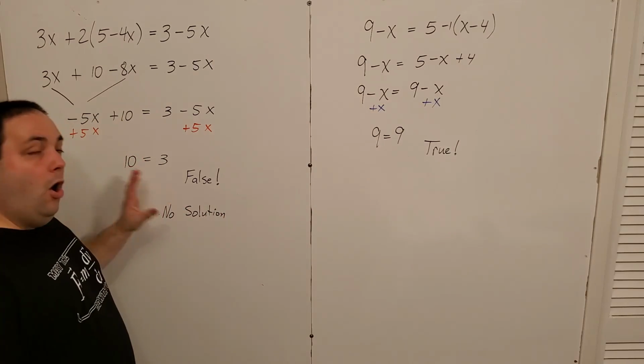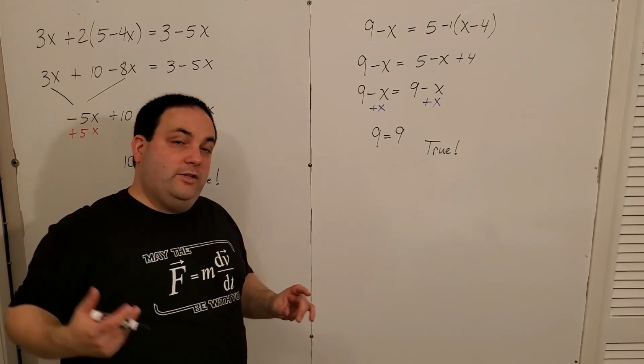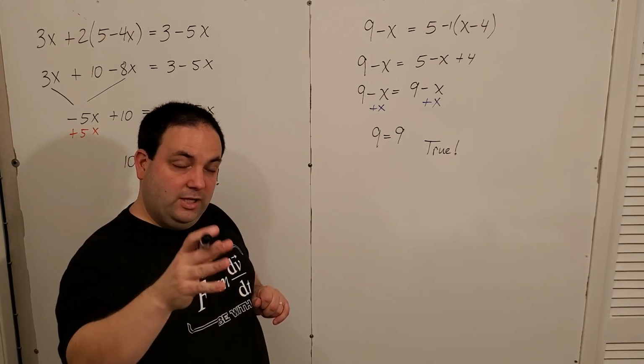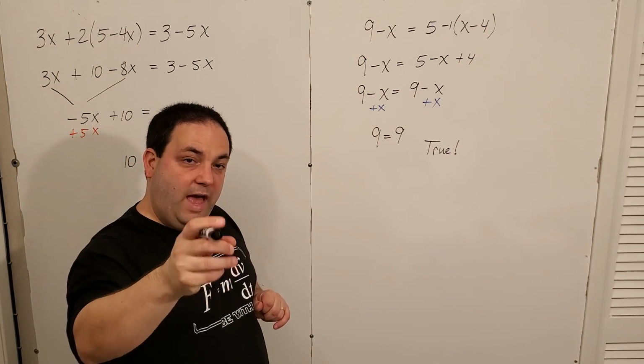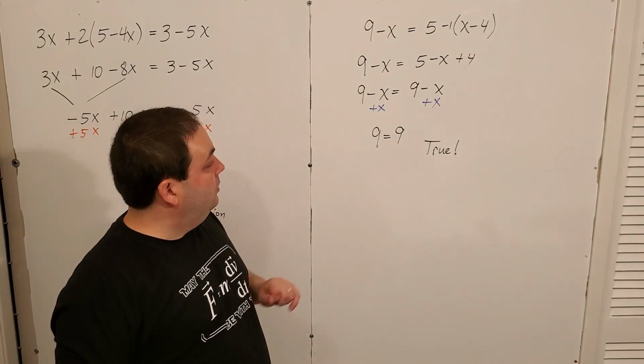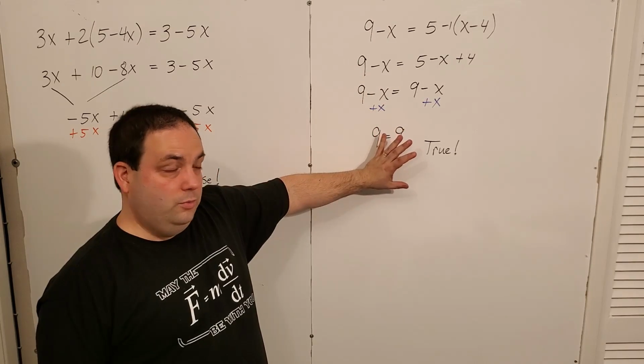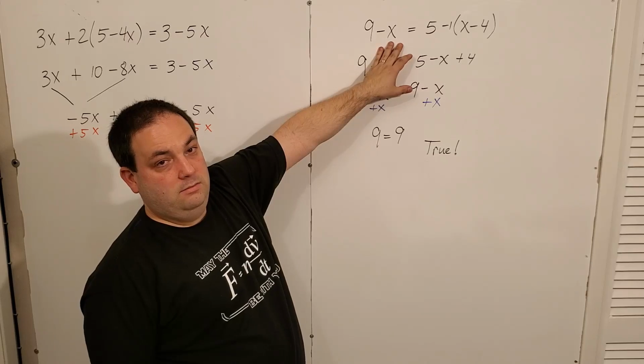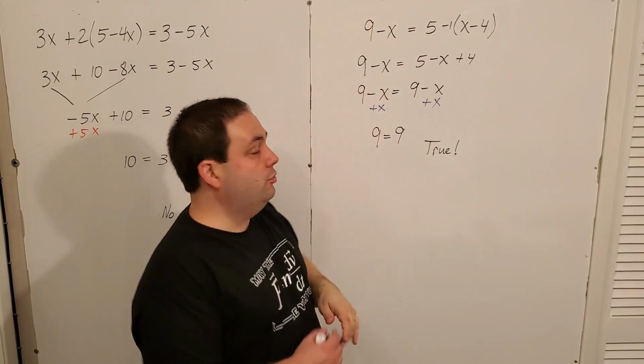Whereas this one was always false, and all of the equations we've been doing this whole lecture are conditionally true or false. Conditionally meaning I could take that one value and plug it back in and make it true. This one is always true. So that means it doesn't matter what I put in for x. This statement would always be true.